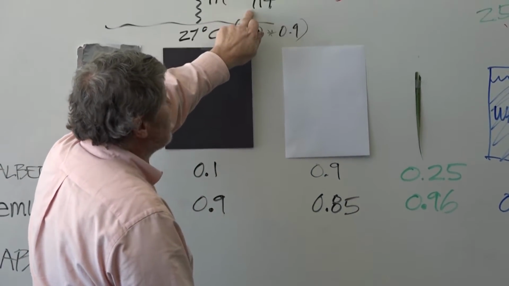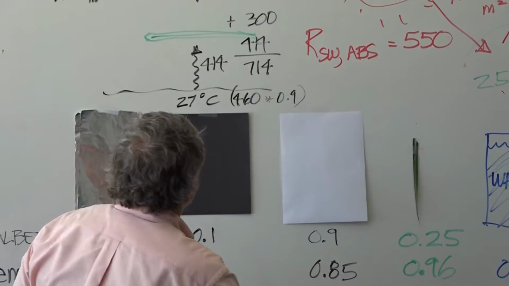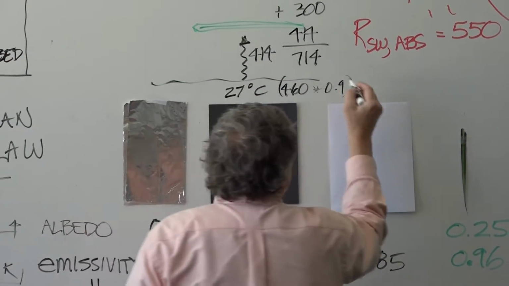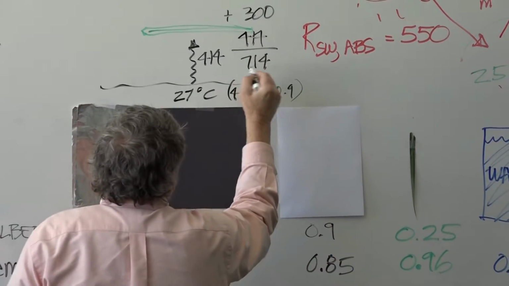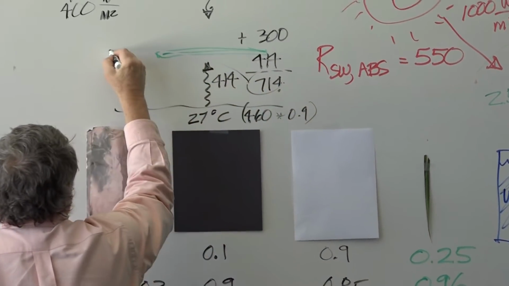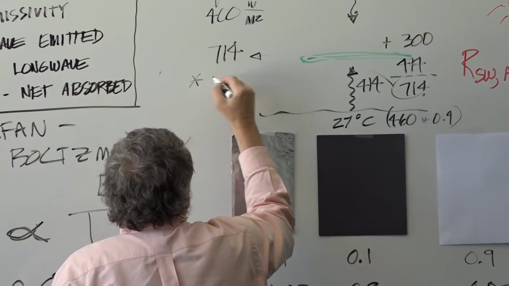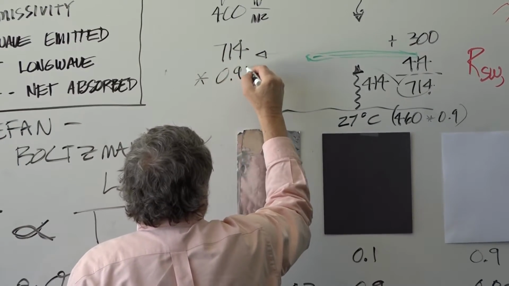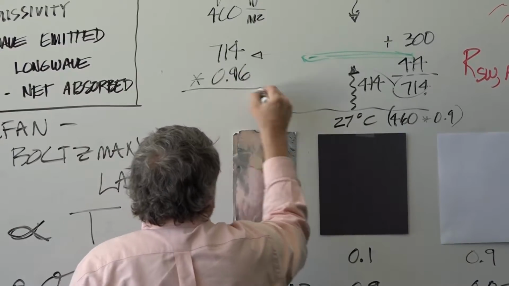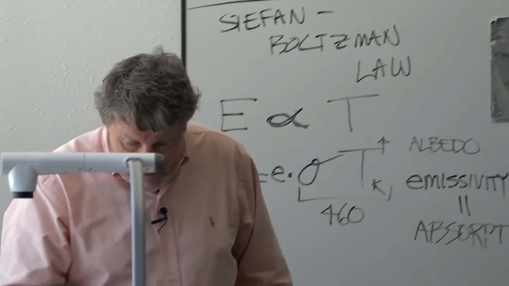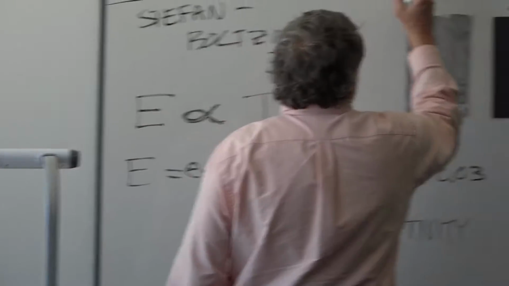So if 714 is coming in, let's put this right over here. 714 in, we have to multiply that by 0.96 for the leaf, for the absorptivity of the leaf, and that comes out to 685.